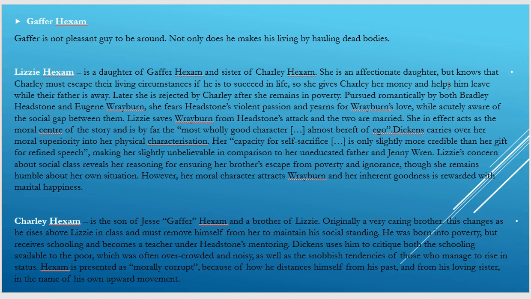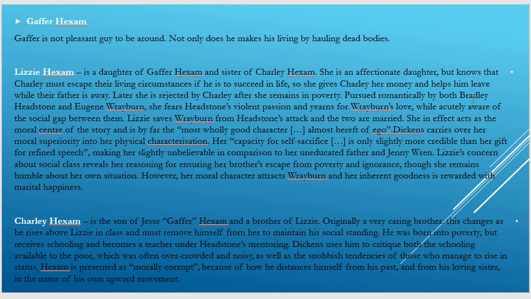Lizzie helped Charlie to leave while their father is away. Later she is rejected by Charlie after she remains in poverty. It means Charlie didn't help her because she's still in a poverty situation.